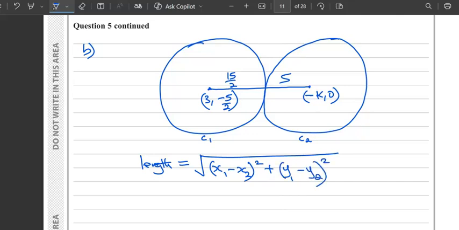But you see, this length is what we have as 15 over 2 plus 5.